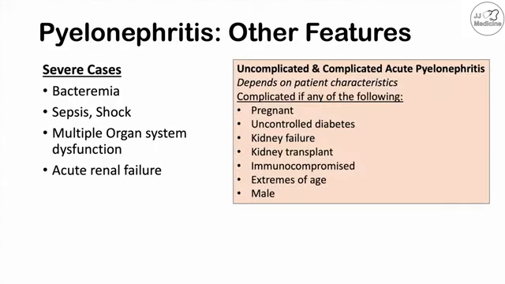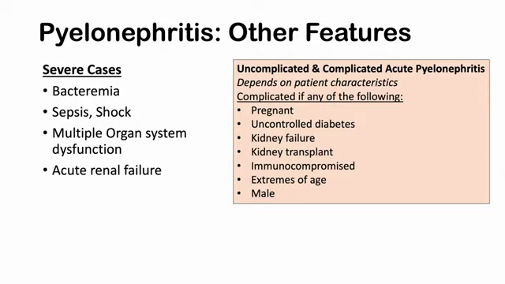And then I also want to briefly talk about uncomplicated and complicated acute pyelonephritis. So uncomplicated and complicated acute pyelonephritis are important because this can often determine whether a patient needs certain management or not. If any of the following are present in the patient, so these are patient characteristics, it is considered complicated acute pyelonephritis.